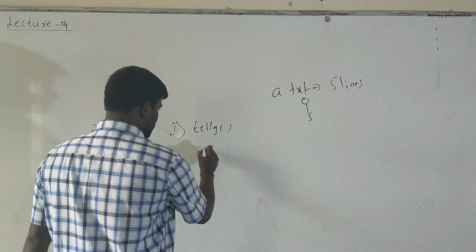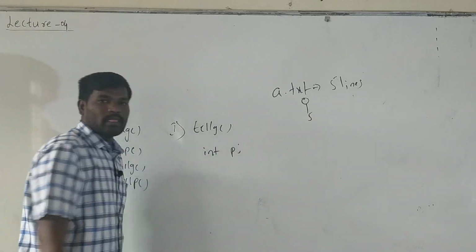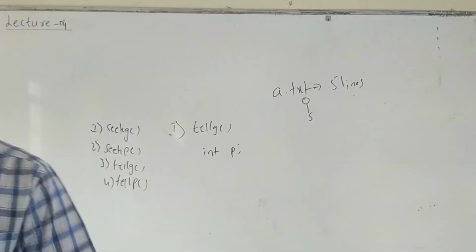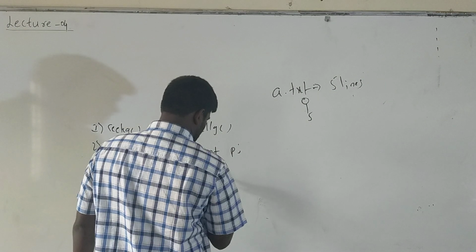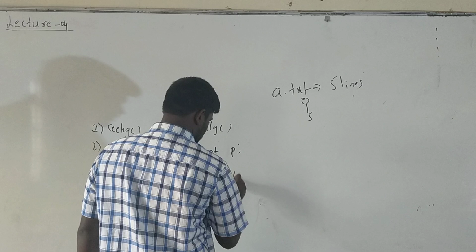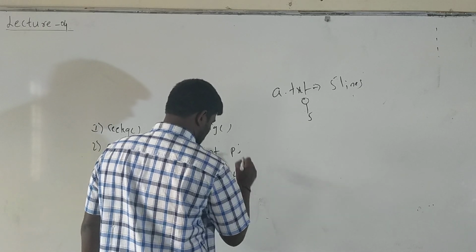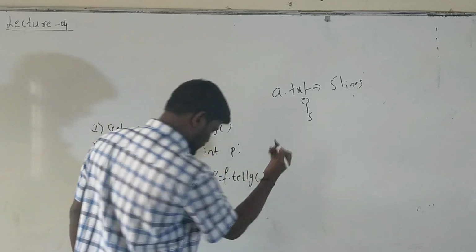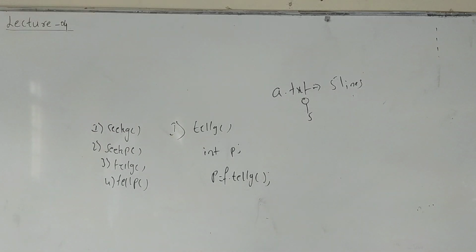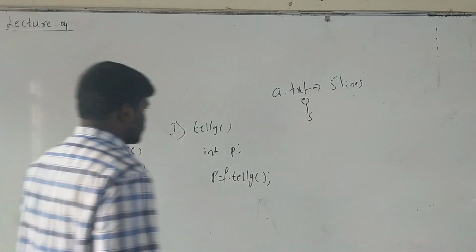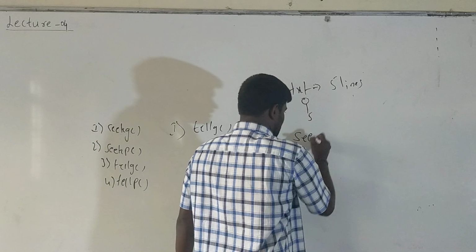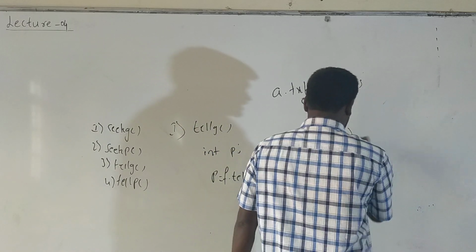Example: first I can write int position equal to f.tellg. See here, I can apply seekg(20).